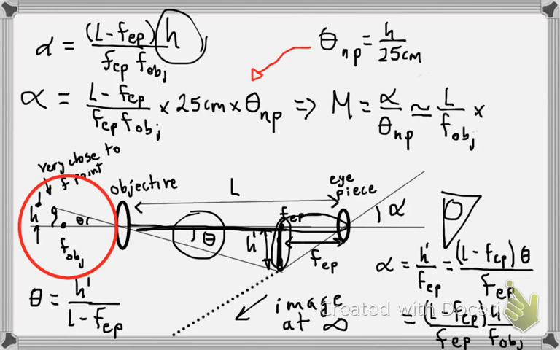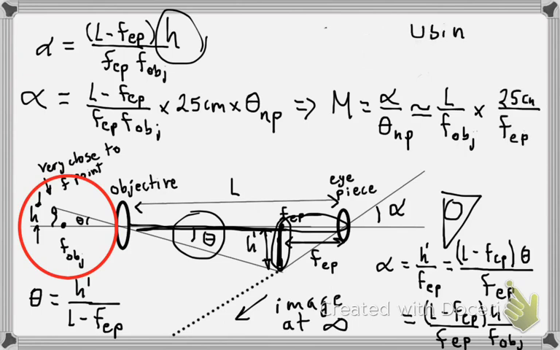One final thing that we're doing here is to approximate the fact that the focal length of the eyepiece is typically very small, millimeters in the focal length. That's always much smaller than the length of the microscope, which is typically 16 centimeters.